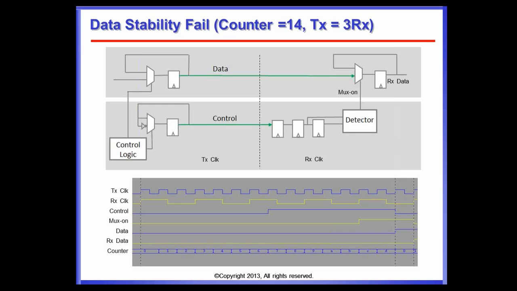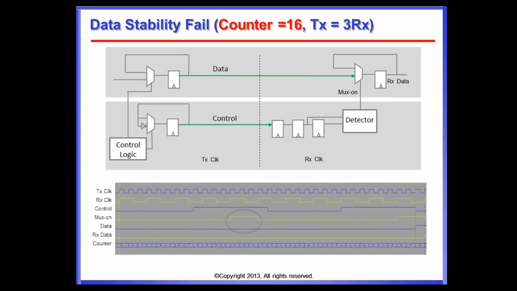Data is held stable, of course, for the whole turnaround of the counter. The control changes at half of the counter value, goes up to let the data through. And you see that the edge which takes over the data is the immediately following edge after the data changes. And this is a failure. This is why this is a fail case.